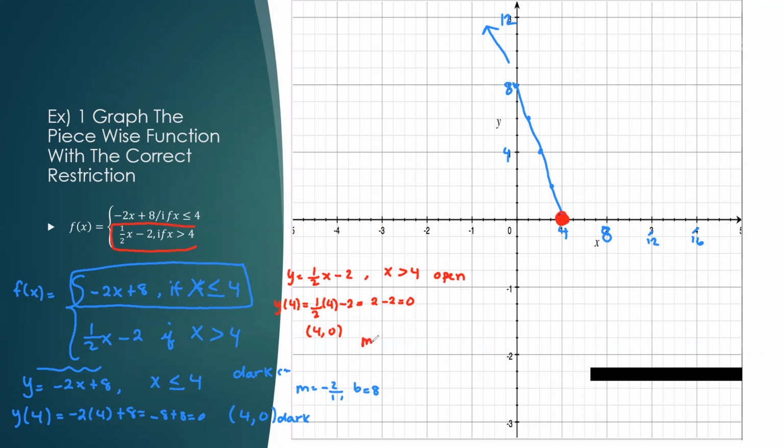And then our slope is 1/2, and my b is -2, right? So if we're going by ones now, this -1 is really 1, 2, 3, -4. Okay, and then this -2 is really 4, 5, 6, 7, -8. 9, 10, 11, 12.